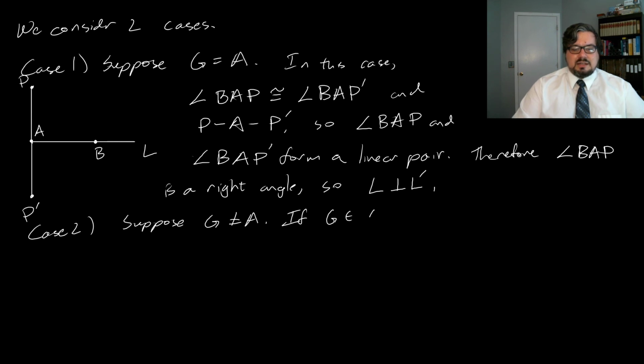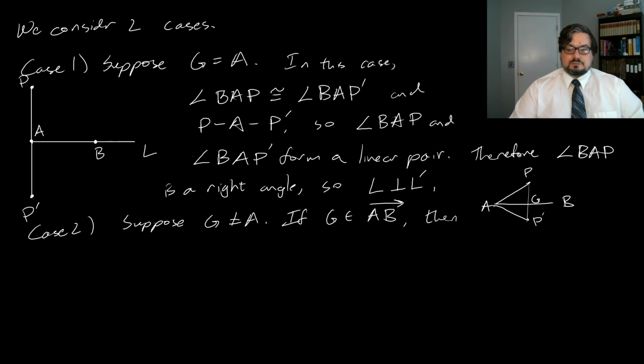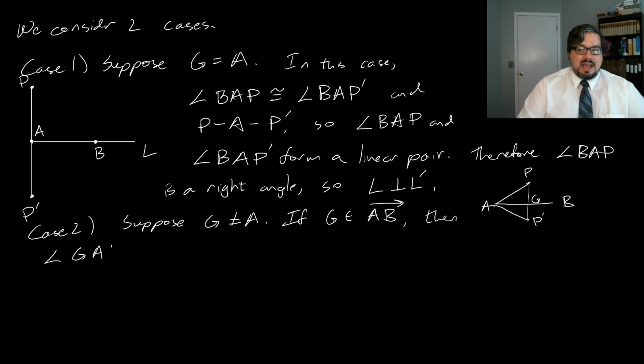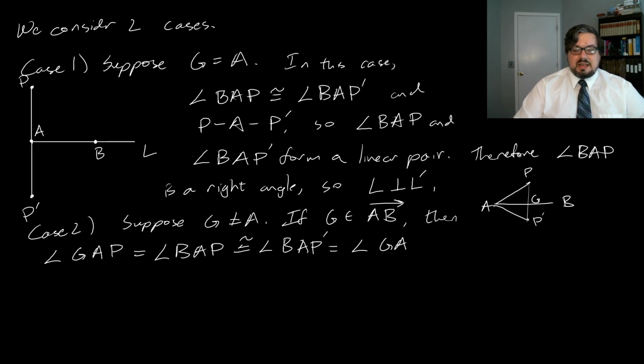If G is in the ray AB, so that would be the situation like this, then the angle GAP is equal to the angle BAP, because G and B lie on the same ray, which is congruent to the angle BAP prime, that's by construction, which again equals the angle GAP prime.